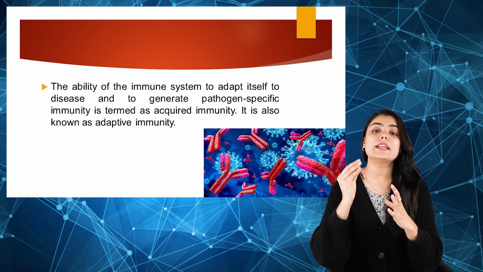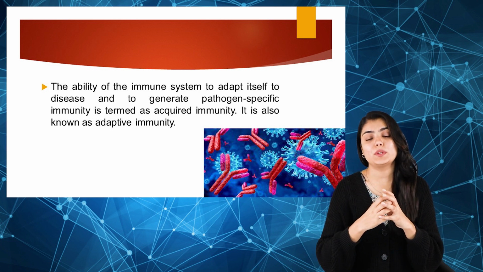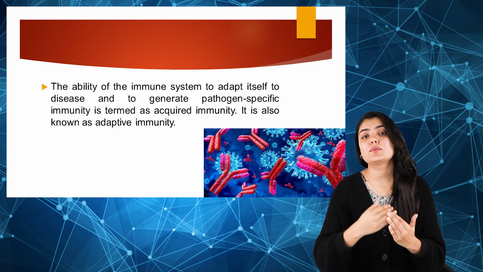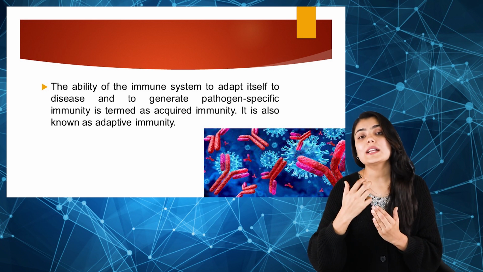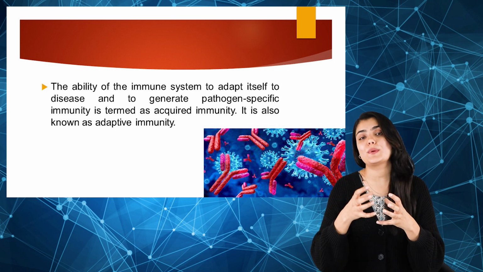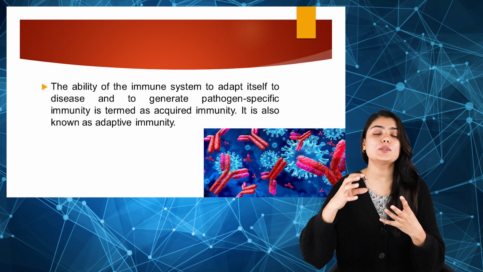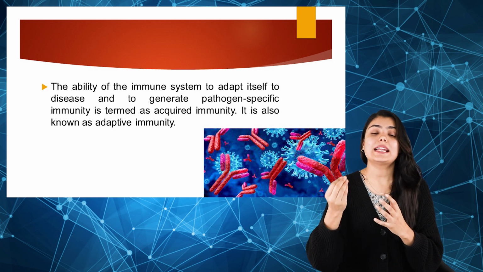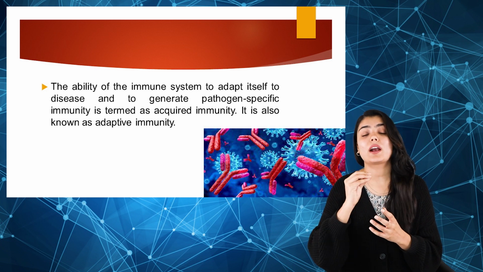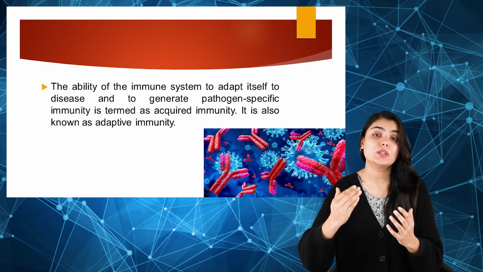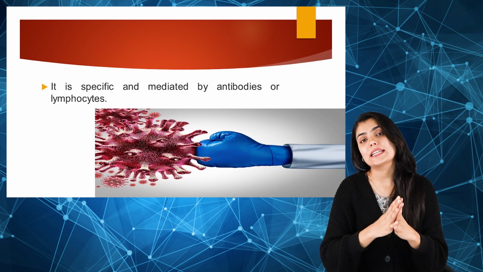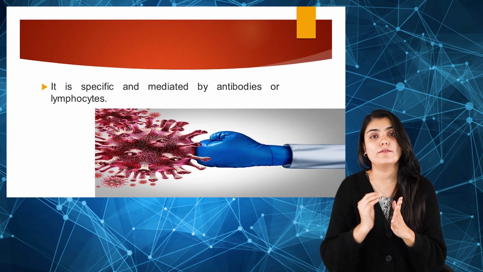So, an acquired immunity is the type of immunity in which our immune system tries to adapt to the disease and also starts to produce pathogen-specific immunity. So, according to the pathogen that has entered inside our body, acquired immunity starts to develop. Acquired immunity is specific and it is mediated by antibodies or lymphocytes.